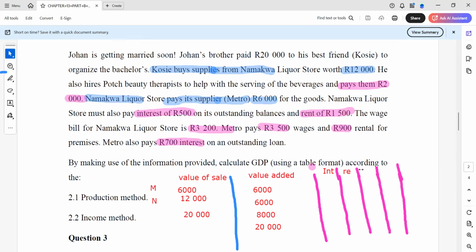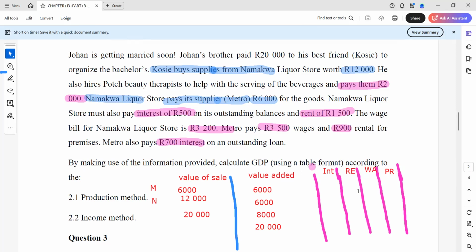Then here we have wages, WA for wages. Then here we're going to record our profit, PR for profits. Right. Okay. So it's RE for rent.